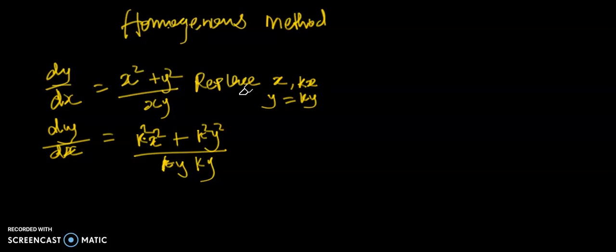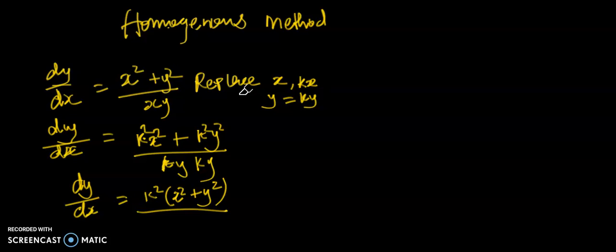So we have dy over dx is equal to k squared into x squared plus y squared divided by k squared into xy.